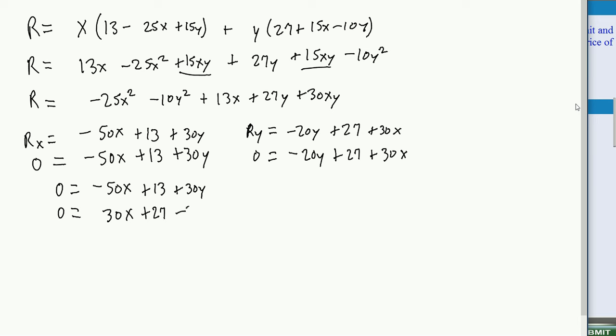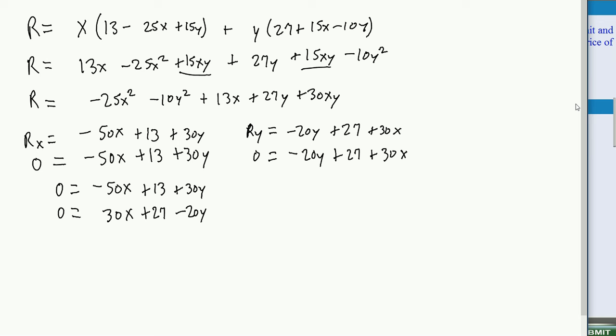And minus 20y goes underneath the other y. Okay, we want to multiply one or both equations by whatever is necessary to get the same number with opposite sign in front of one of the variables.